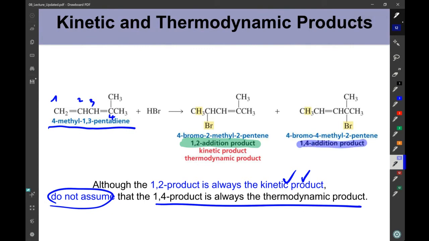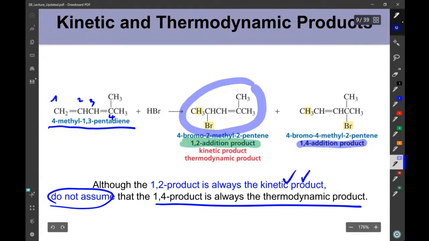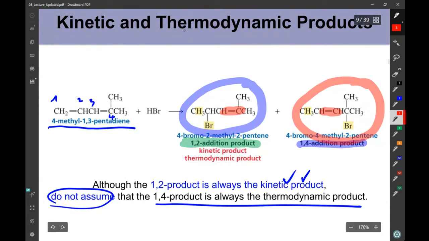So what I want you guys to take note of is that if you compare the stability of the 1,2 addition product to the stability of the 1,4 addition product in terms of their double bonds, that's what I want us to focus on. In terms of the double bond, you will notice that this double bond is more substituted.